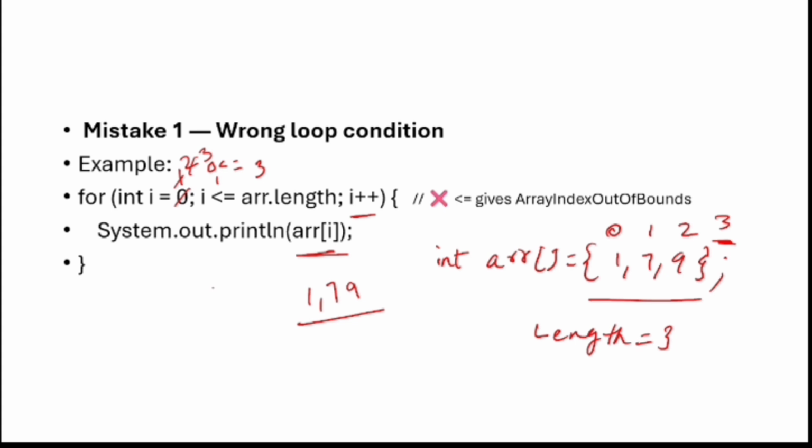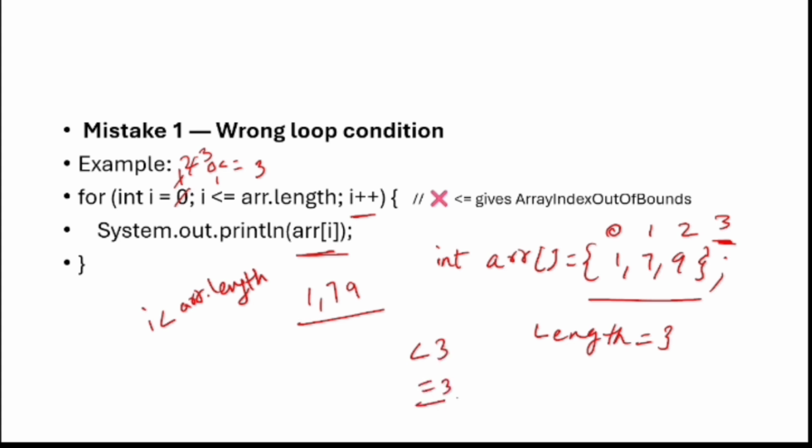For explaining, I told how the iteration goes. So what do you need to do here? You need to write just i less than arr dot length. For example, here 3, so less than 3 is okay.